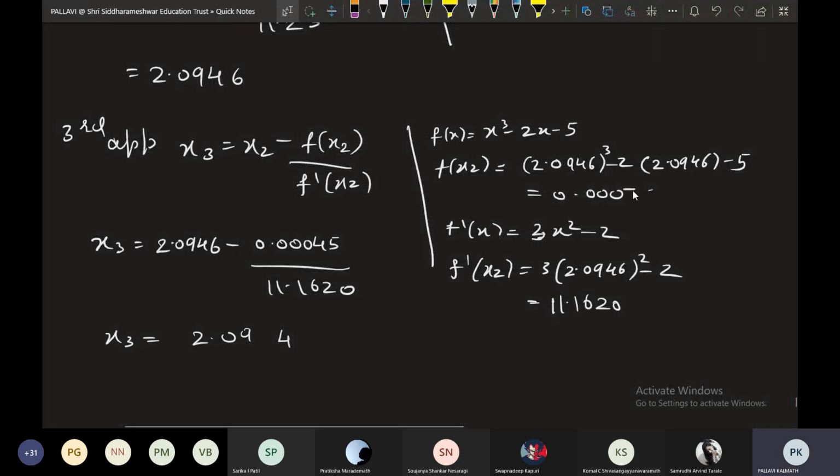If I keep only 5, what is the answer you are getting at this point? 2.0946. Same we will get.